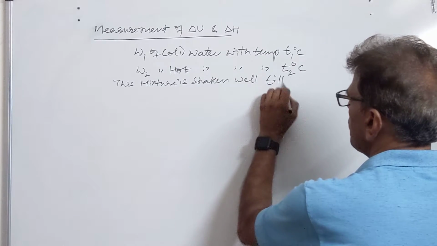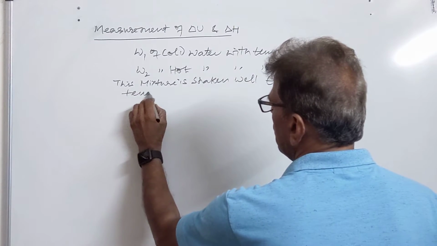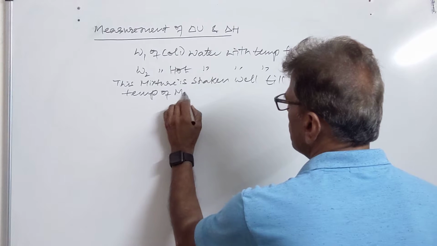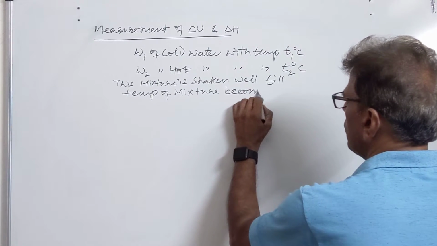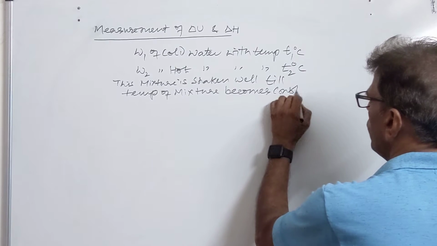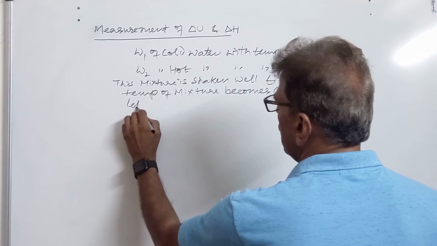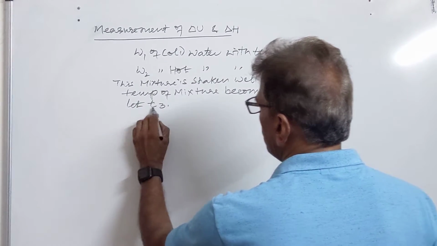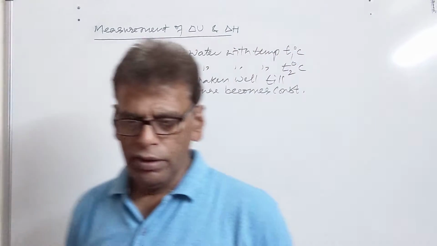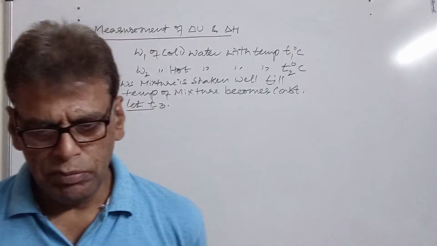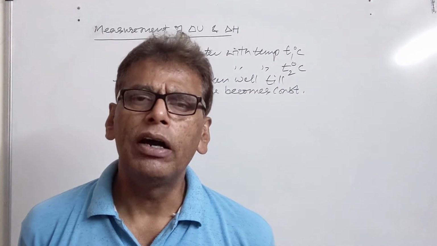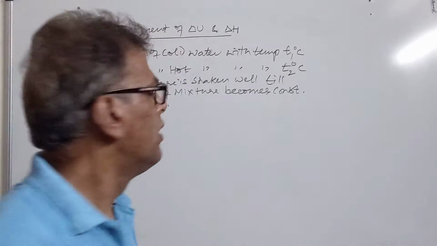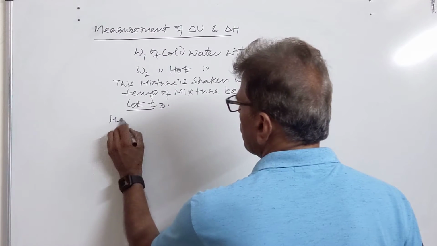Shake till the temperature of the mixture becomes constant. Let it be T3. So when the temperature of the system becomes constant, that is T3, the heat capacity of the calorimeter can be calculated with the formula.